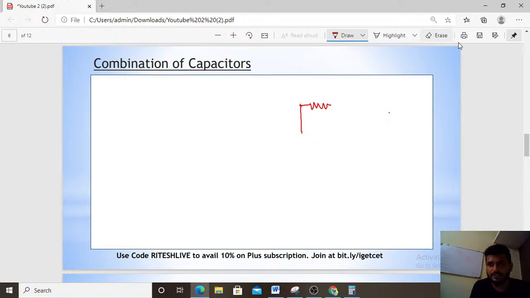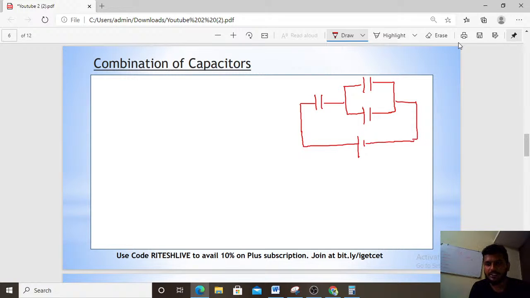Not the resistor, this time it is capacitors, right? This is the new figure. From the capacitors you need to find, V is again 2.4 volt.